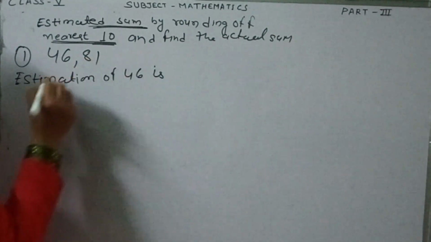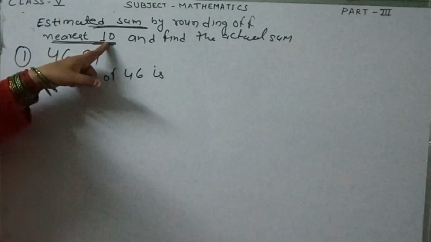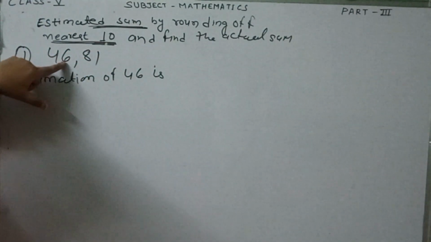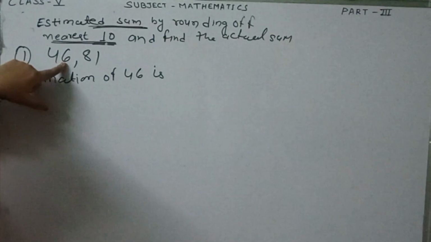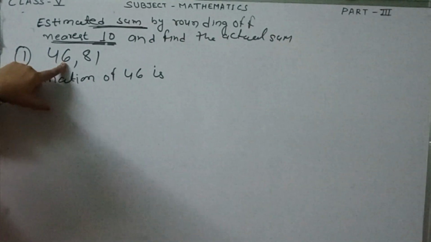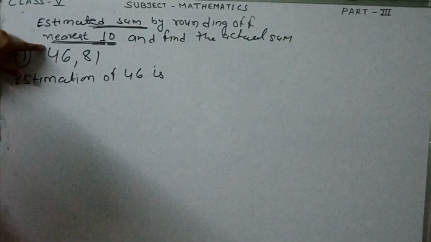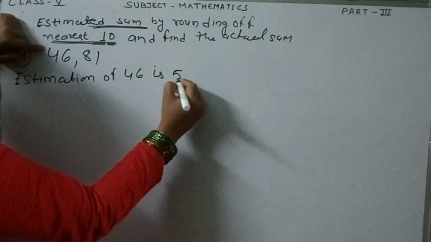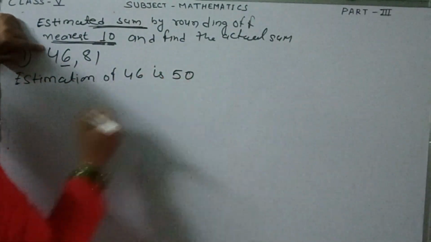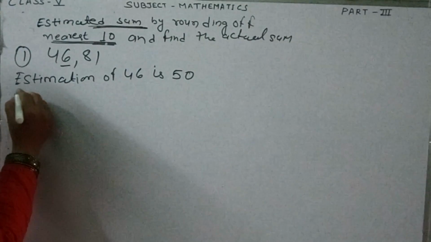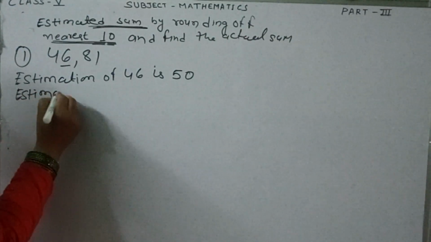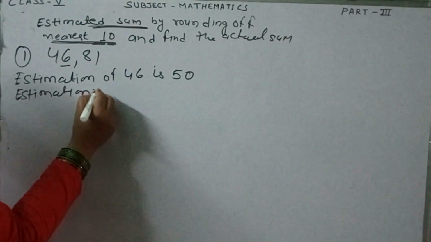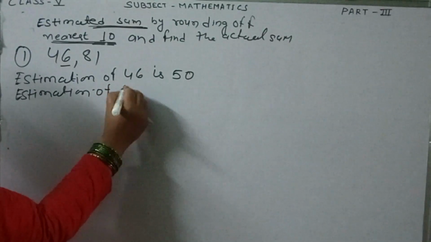46, nearest 10. Which number do we have to check? The ones digit. Ones is here 6 and 6 is greater than 5. So plus 1 we have to do, here it is 5 and this number will be 0, so 50. In the same way you have to find the estimation of 81.